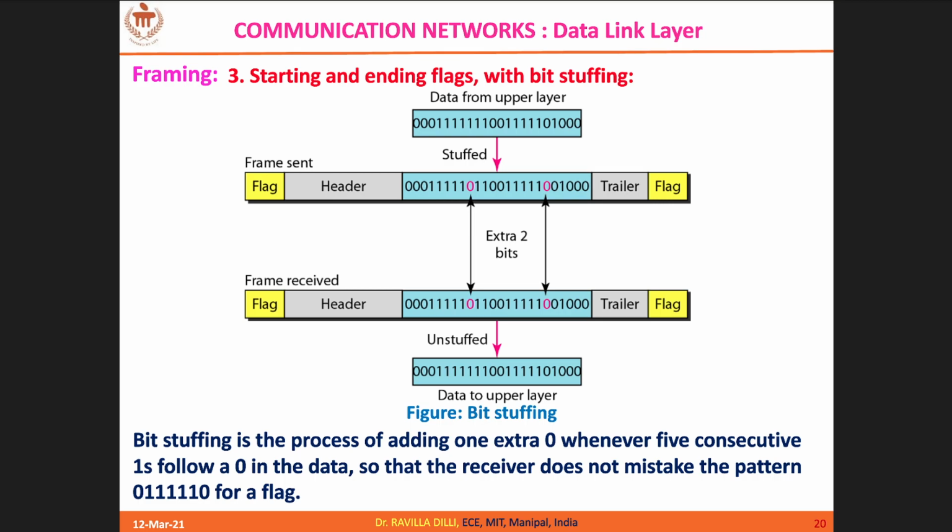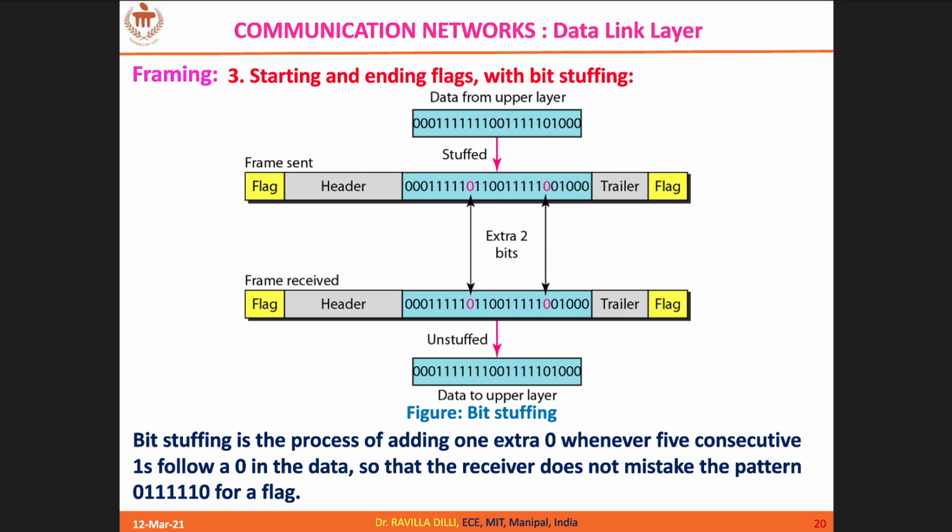There are chances that this flag pattern may be part of the data, so that you should not misinterpret it as a flag. So how do we differentiate the flag pattern from the same pattern that is part of the data? That is what bit stuffing addresses.